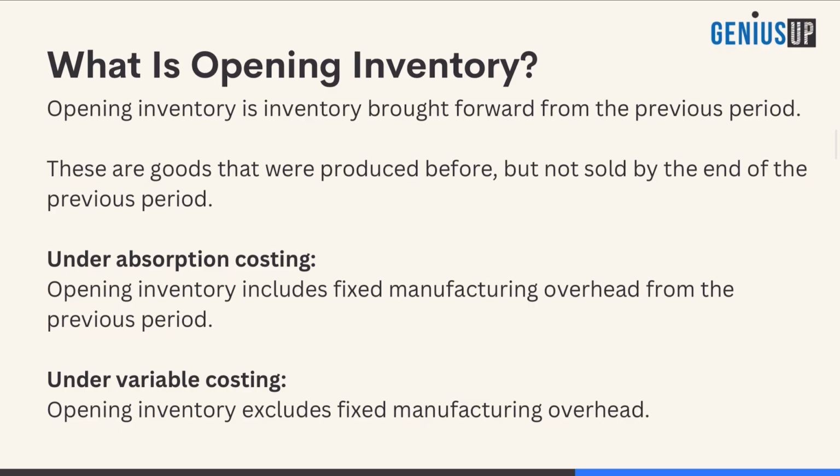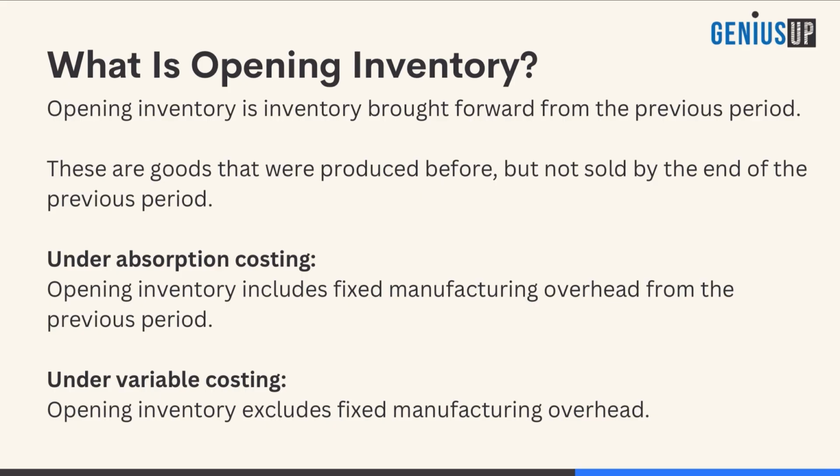Let's start by explaining what opening inventory is, for those who might not understand. In simple terms, opening inventory is inventory brought forward from the previous periods. These are goods that were produced before, in the previous period, but not sold by the end of the previous period, meaning that they're going to sit in opening inventory for the current financial year.